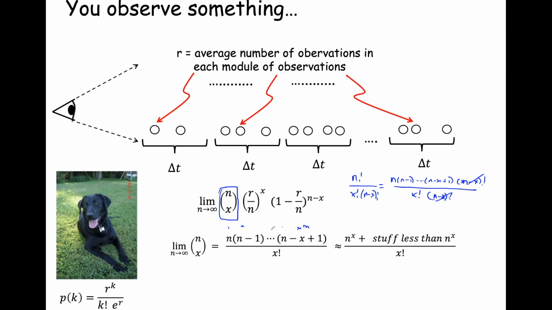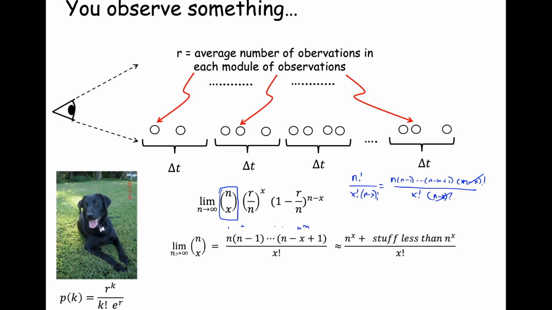All the other terms in this expansion of this polynomial are going to have an exponent that's less. And so that first term, n times n times n, x many times, is n to the x power. All the other terms are going to have some coefficients, but they're going to have n to some power that's less than the x power.